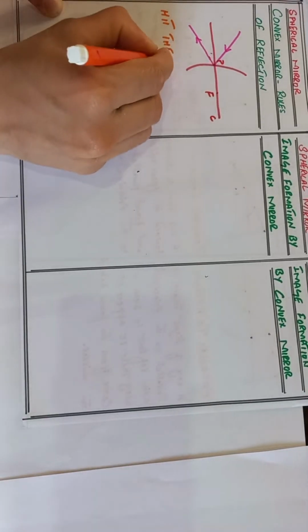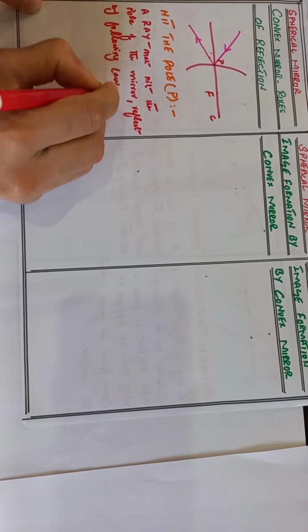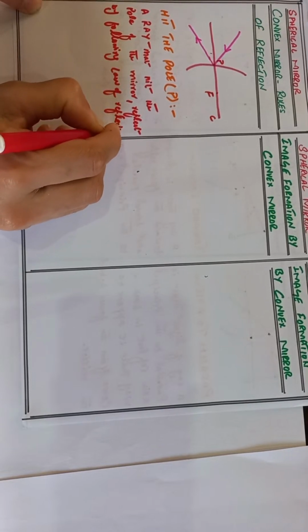So here we draw the ray that hits the pole P, and the ray that hits the pole of the mirror reflects by following the law of reflection.